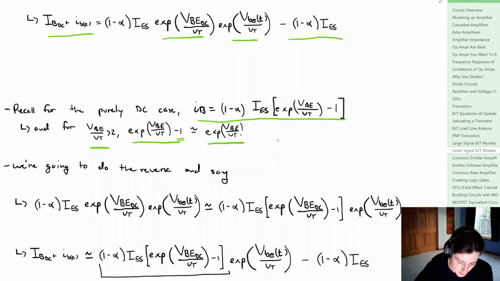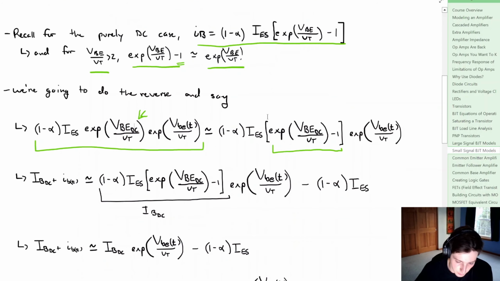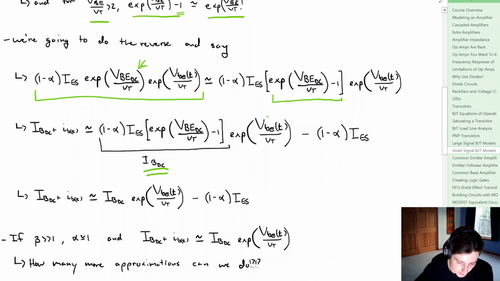So inside what we had for right here, we're going to evaluate that right here, and you're going to end up with the minus 1 inside of this term. So that's where we added that. Now, what we can do from this term is actually call that the DC current for the base. So that allows us to say that the total base current is approximately equal to the DC base current, and then we have this exponential that comes for the ride.